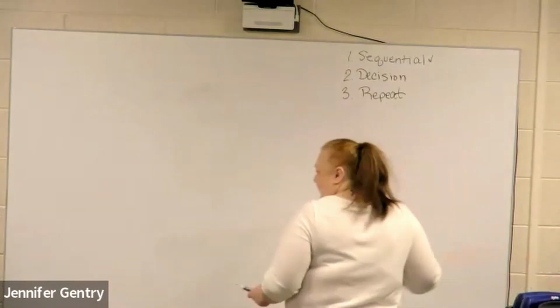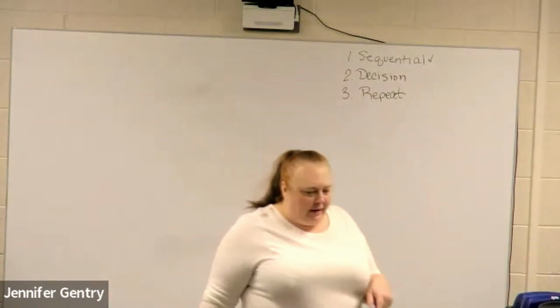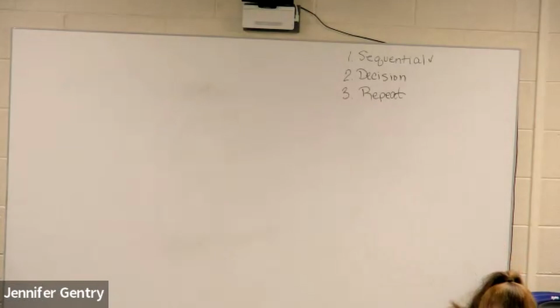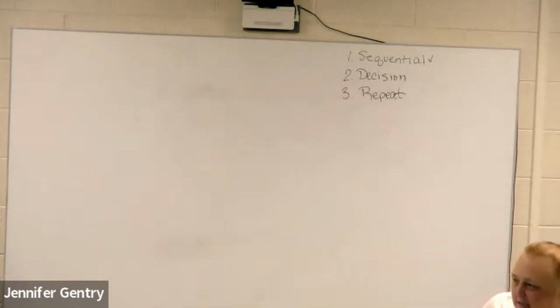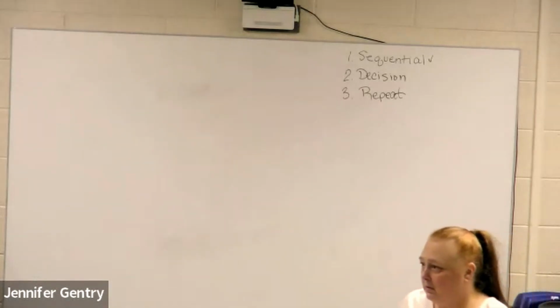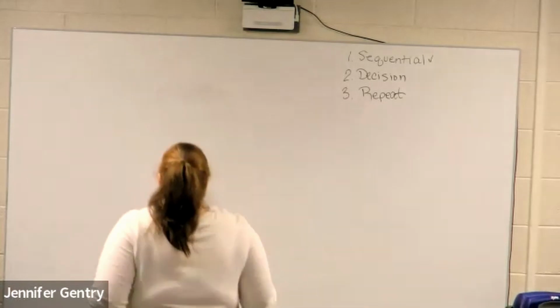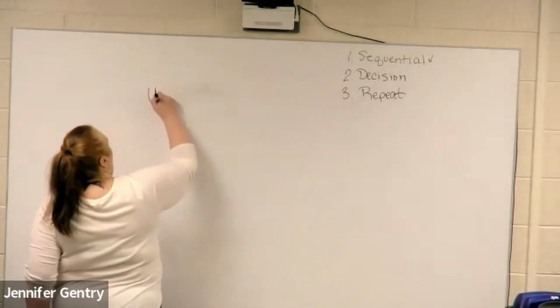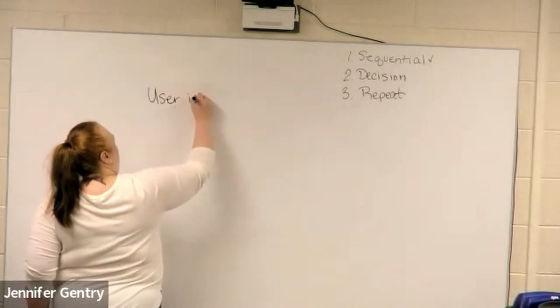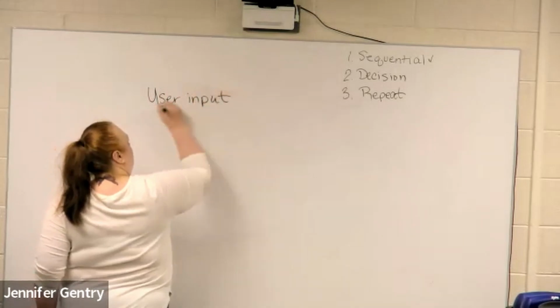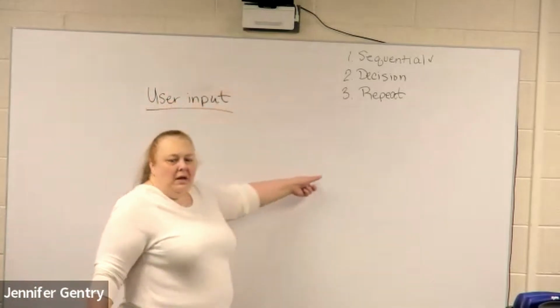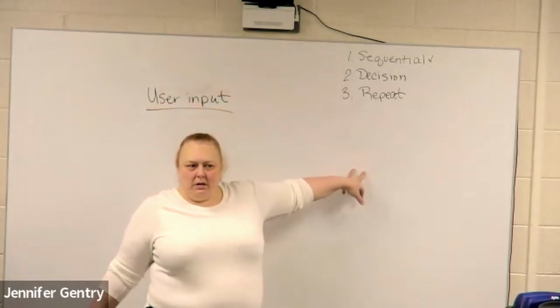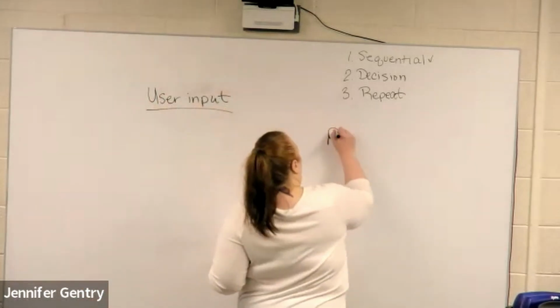So one thing, we've learned how to print, right? How are we going to take user input? Okay. So let's do this real quick. So user input. What did we use to output? What command did we use? printf.